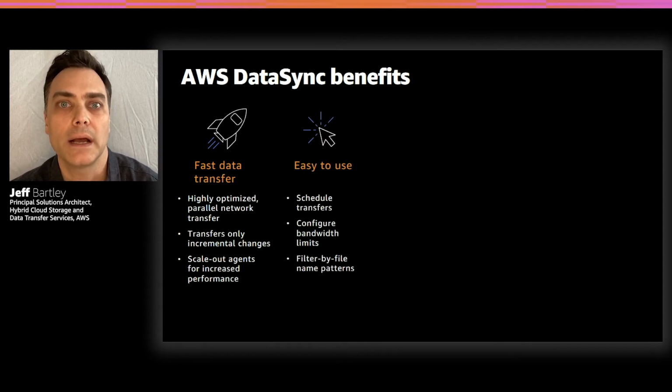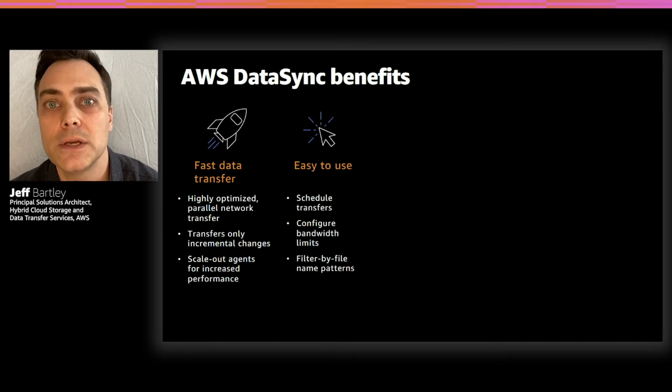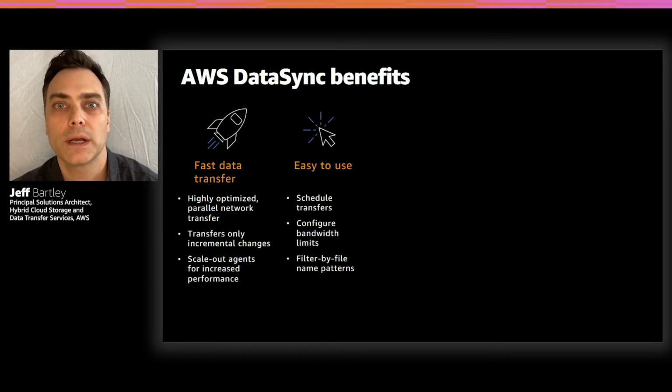Secondly is that DataSync is designed to be easy to use. So as I mentioned earlier, it comes built in with scheduling. You can use filters to design what kind of data you want to copy. And then you can also control the bandwidth throttling on DataSync. And we recently launched a really cool feature around this that allows customers to change how much bandwidth DataSync is using while a task is running.